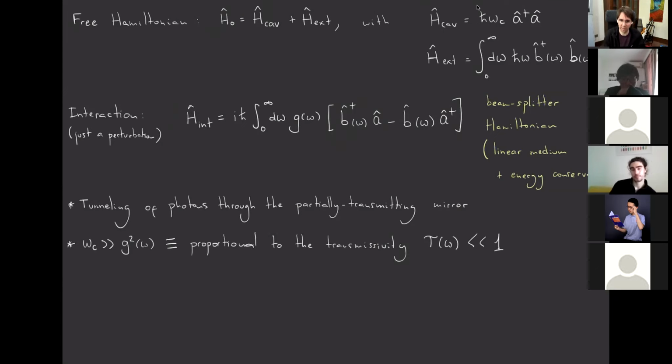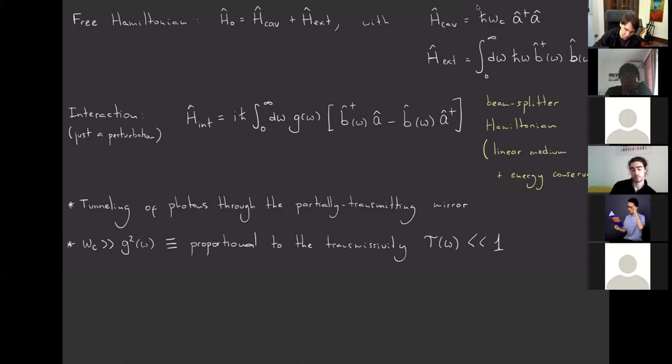Maybe it's 99% reflecting or 90%, but it's certainly not a bad mirror, because if instead of a mirror it is just a dielectric that allows light to go through, then you cannot make a model in which you simply have two fields that are separated and slightly coupled by a small interaction. You need to do a quantization of the electromagnetic field subject to all the boundary conditions of the Maxwell equations and so on. So we will assume that the reflectivity is very large, so the transmissivity is very small.